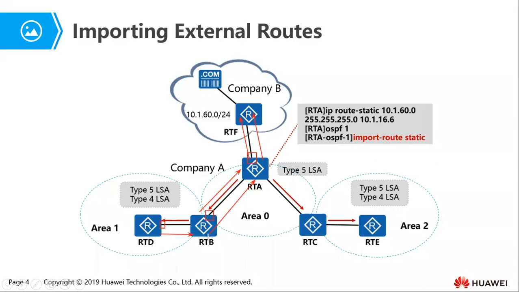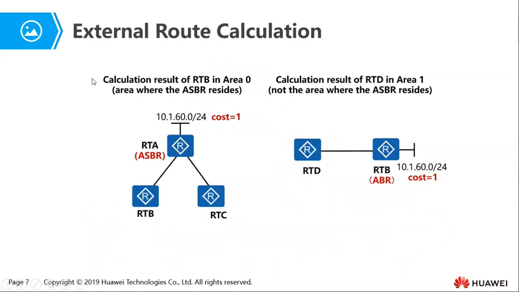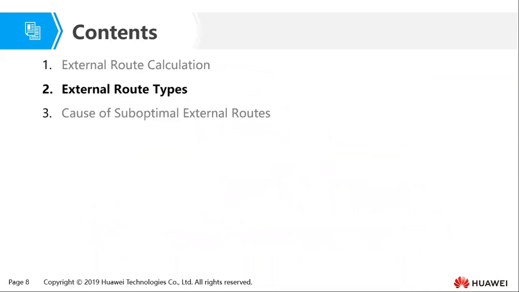But coming from RTB to the external network, the cost should be 1 maybe, or 2. So this one should be longer than the other one. Anyway, let me explain why both of them have the same cost.